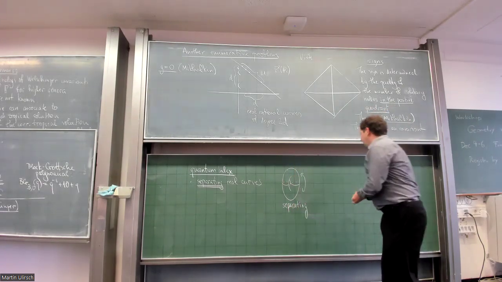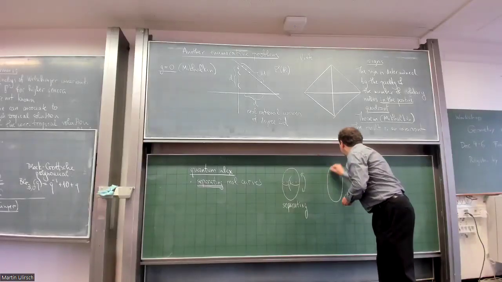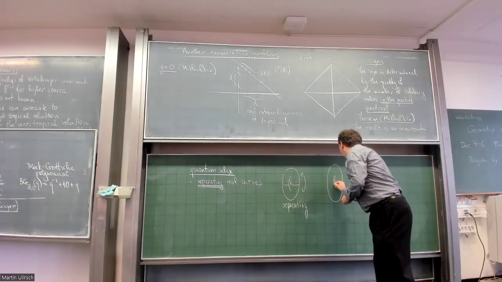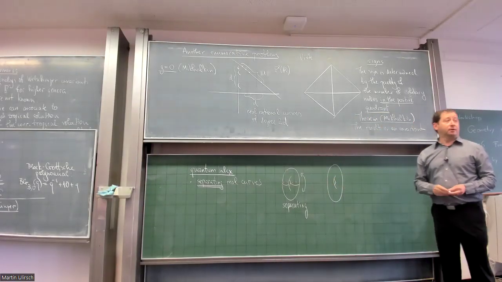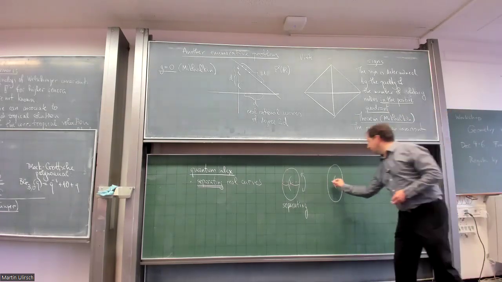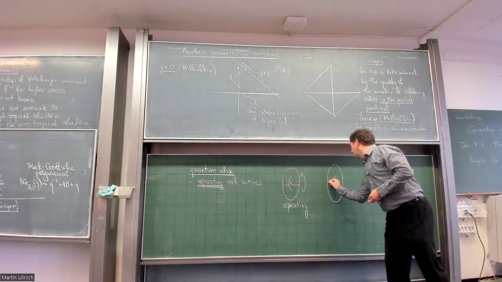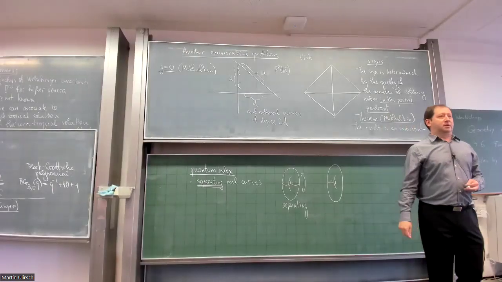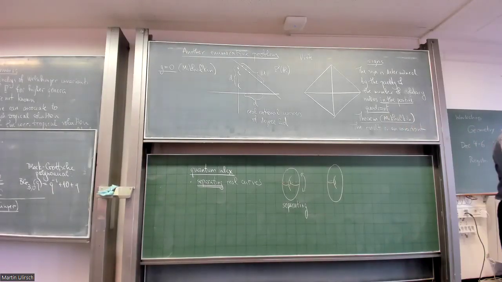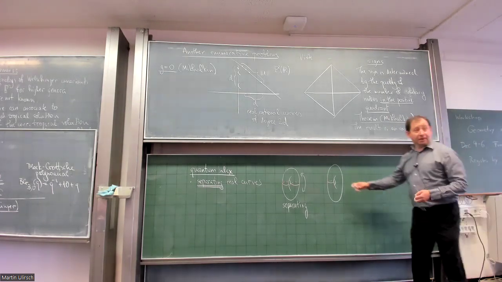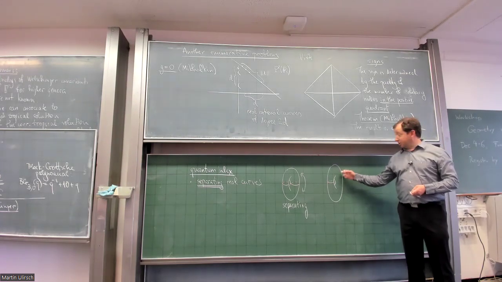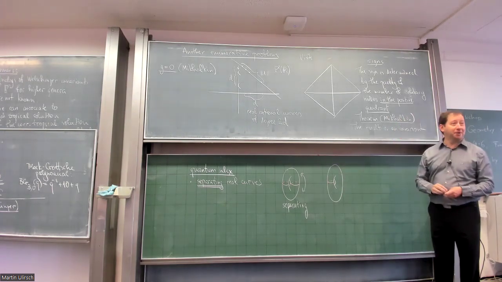And it can happen that my real Riemann surface is non-separating, meaning that the fixed point set does not divide the Riemann surface. The complement is connected. So can you imagine such an involution on the torus?